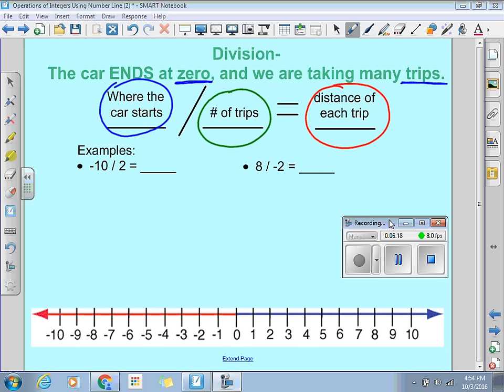-10 divided by 2. So -10 is where the car is going to start, and we are going to take 2 trips in equal distance.